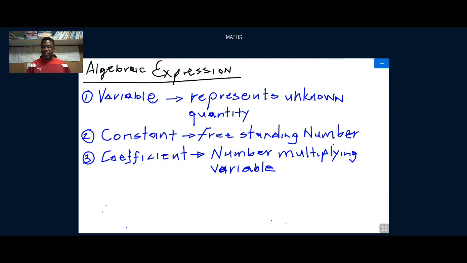You see, it's almost similar to a variable. The difference is that this symbol has been assigned to a known quantity, whereas a variable is a symbol that represents an unknown quantity. That's the difference. Unknown and known. On the variable, unknown. On the number, it's known. So a number is a symbol that represents a known quantity.